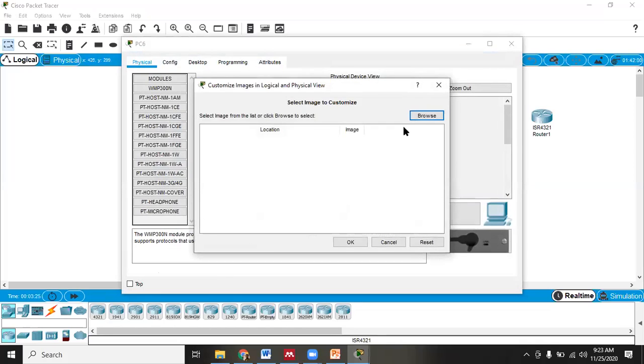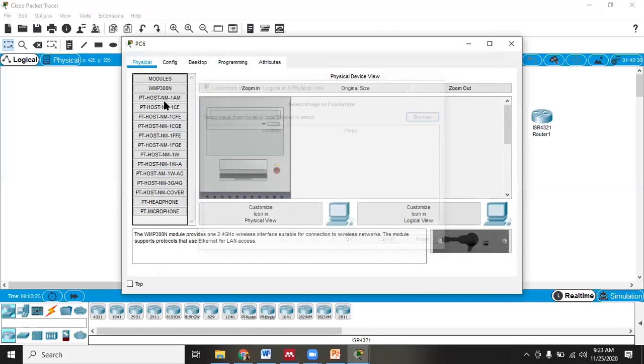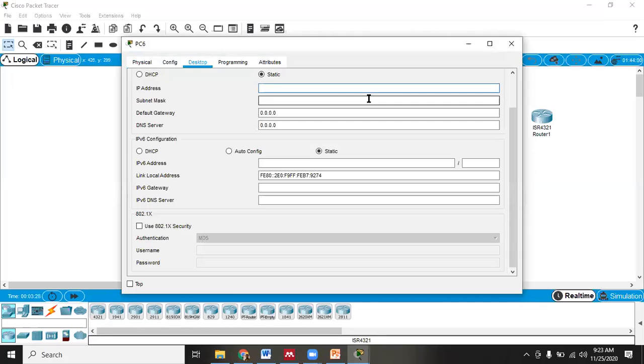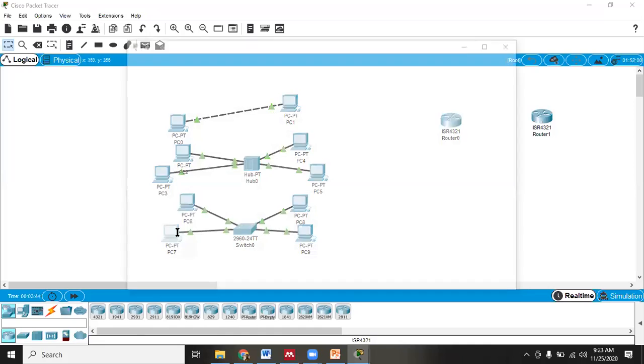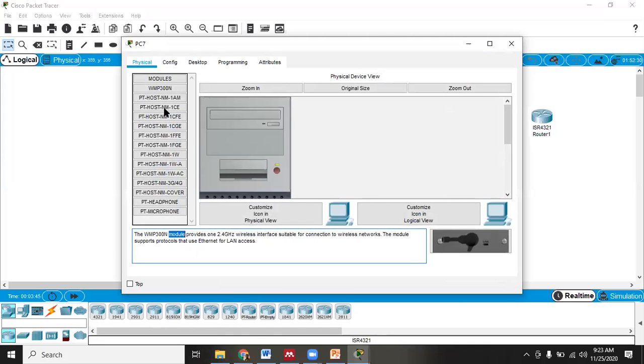You can see, just now we have talked about the IP addressing scheme where we have a class A address. So we have used one class A address, 10.0.0.1. The screen is visible to all? Yes, class? Right. So I am taking class A on this side, PC6 and PC7.